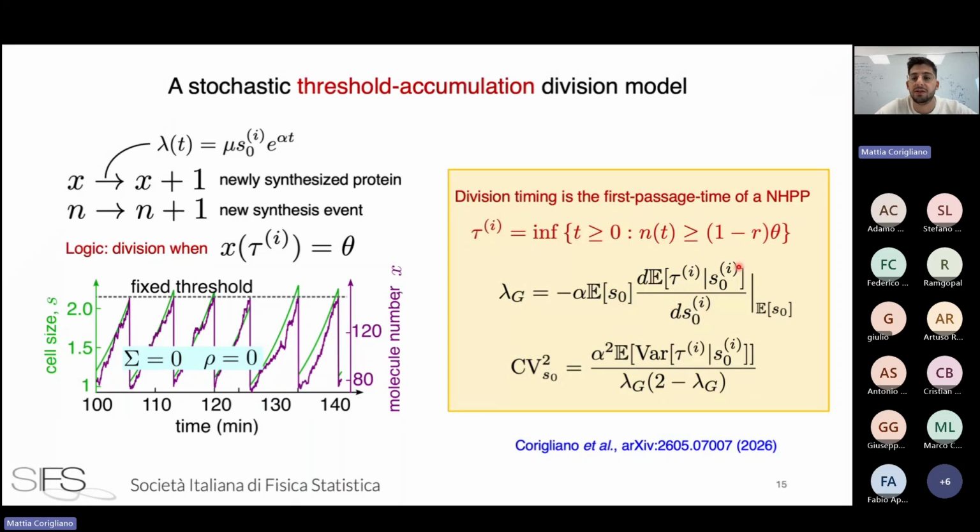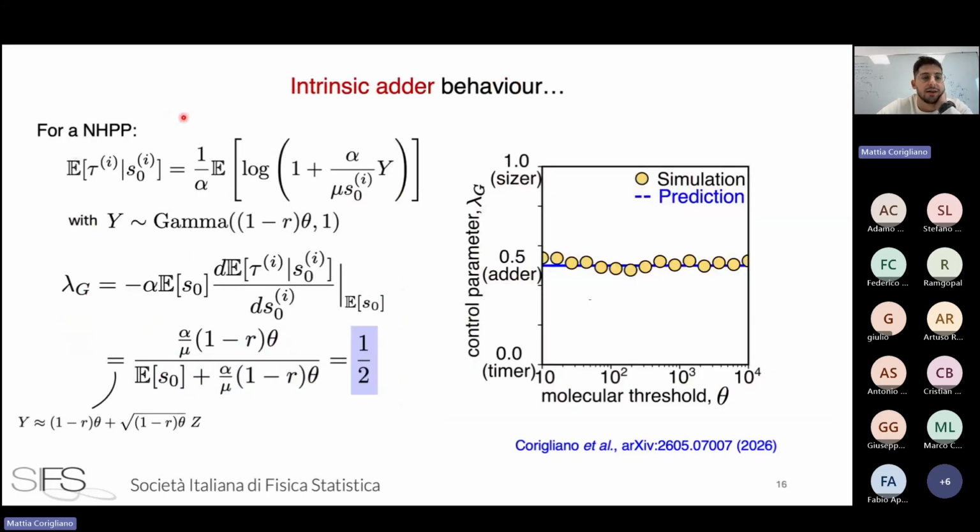But importantly, in this way, we can connect directly its definition with the statistics that we can measure for this more molecular model of division control. Okay, so the conditional average, a known result of the non-homogeneous Poisson process, can be written this way, where this variable y is gamma distributed.